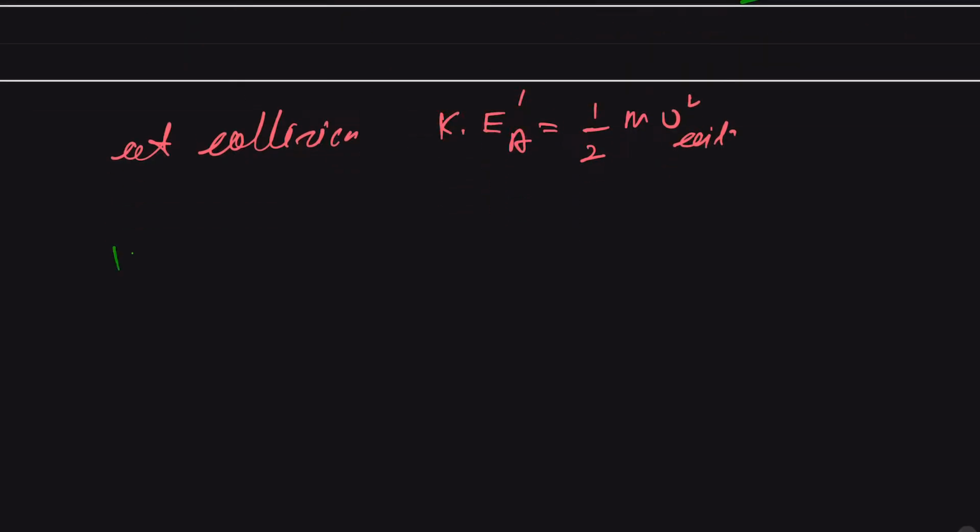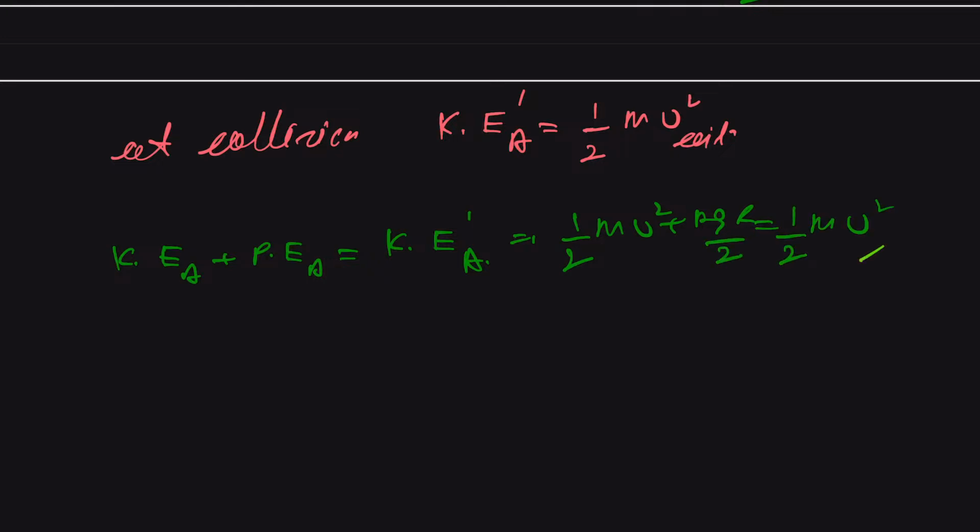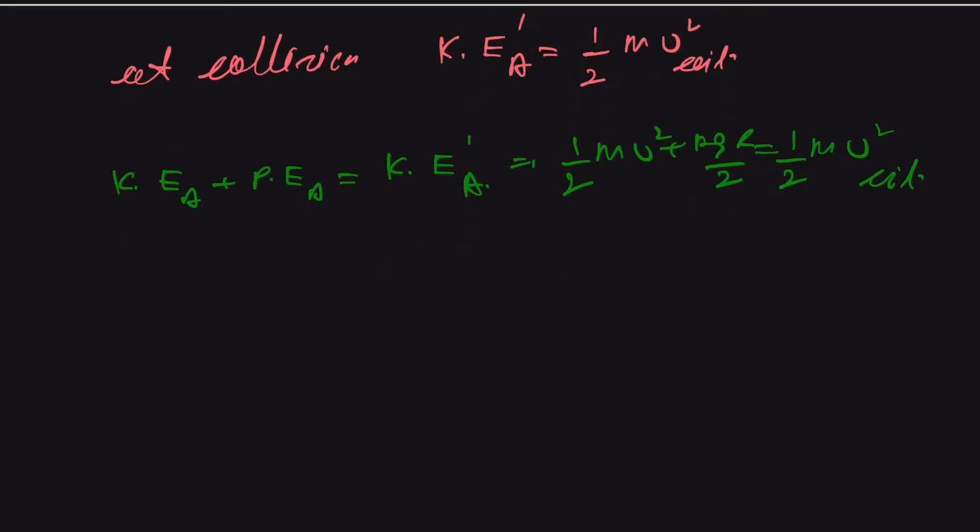So kinetic energy of A plus potential energy of A is equal to kinetic energy prime of A, which gives us half m v square plus mg R by 2 is equal to half m v square collision, and v square collision we know is 5gR, so we can easily substitute.